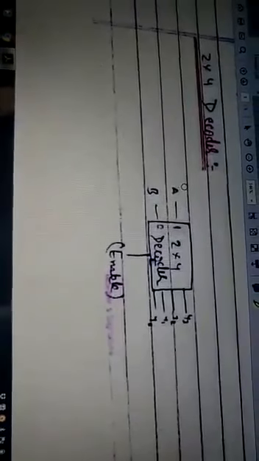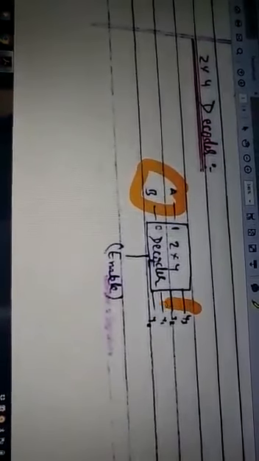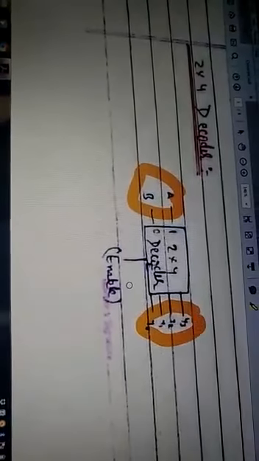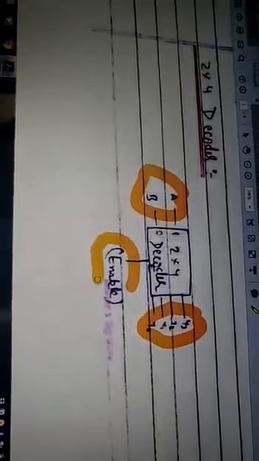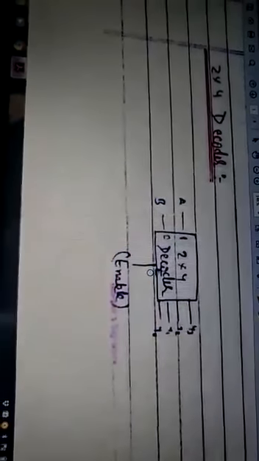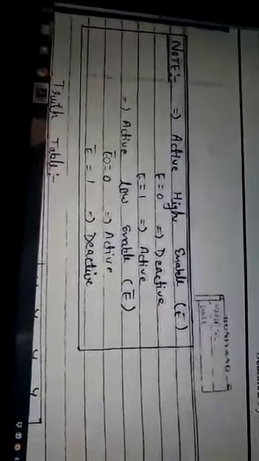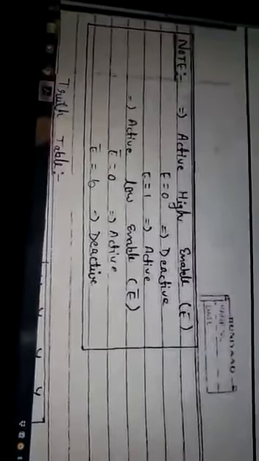A and B are the inputs, and Y3, Y2, Y1 and Y0 are the outputs, and there is one enable activation line called E. With active high enable, E equals 0 means deactive and E equals 1 means active. With active low enable, E bar equals 0 means active and E bar equals 1 means deactive.